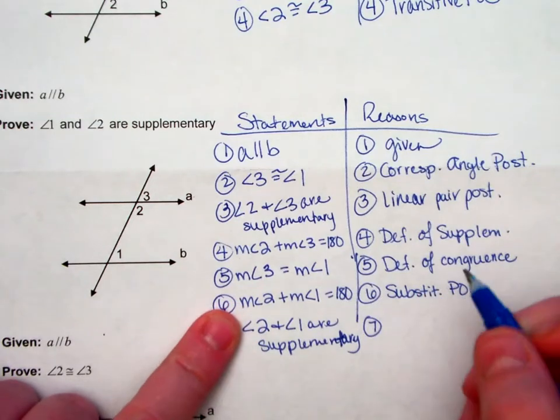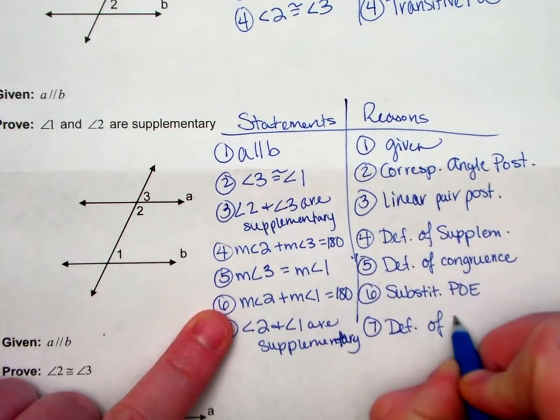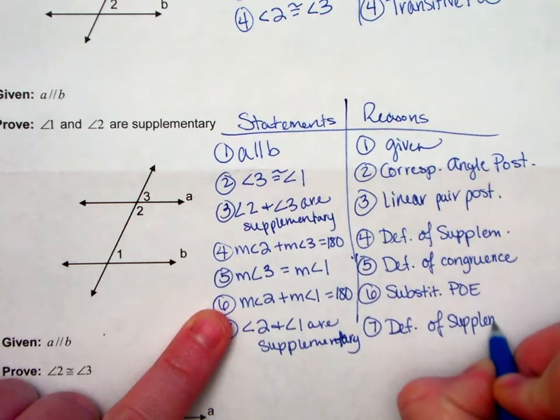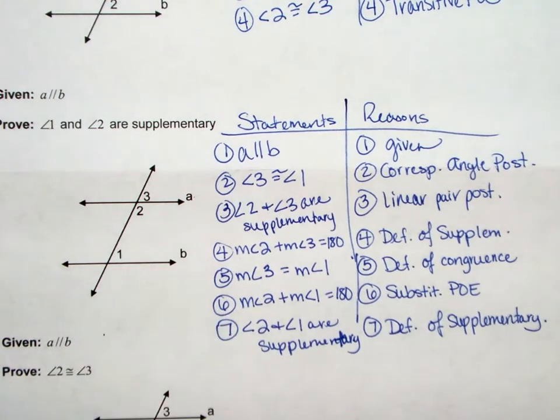Since they are stated to be supplementary, I have proven that out, and that's using the definition of supplementary. So, like I said, it was a 7-step proof. I said roughly 8 in class without writing it down. It's 7 steps. That proves that consecutive interior angles are supplementary.